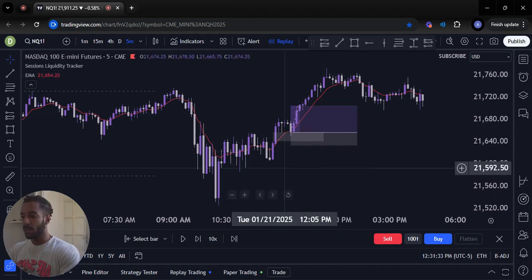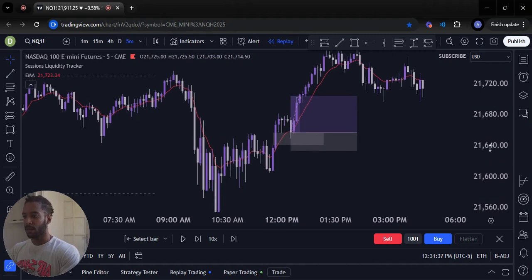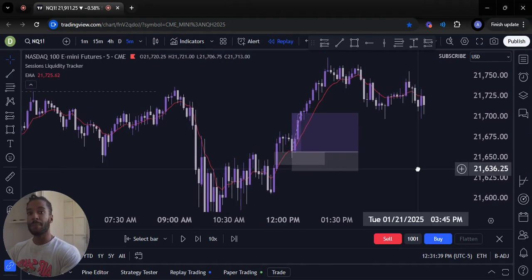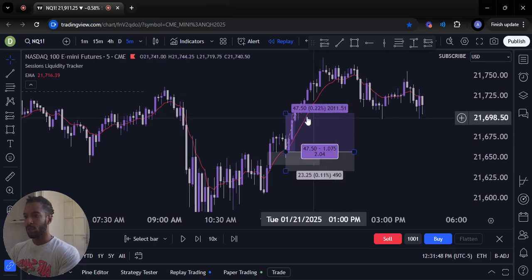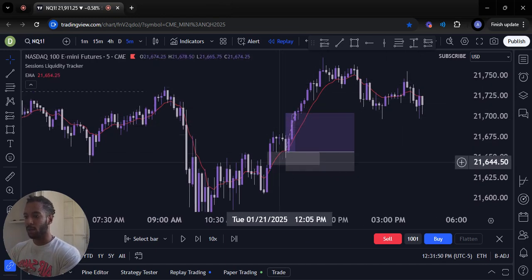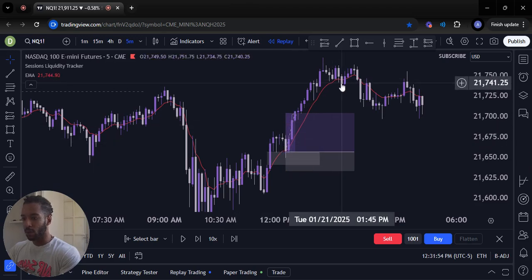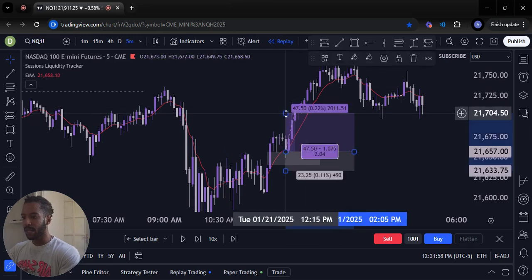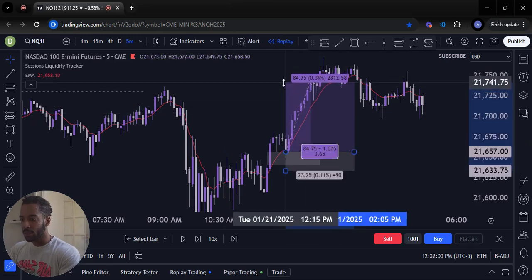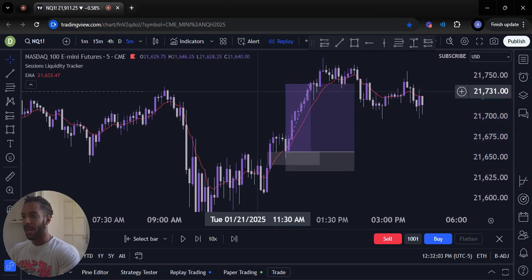So an easy way to do this is to only exit a trade if we have a candle body close underneath the 9EMA, or over the 9EMA, depending on if you're long or short on the instrument. So you can see that we don't get an actual candle body close. If we enter right here on the 12:15 candle, we don't get a candle body close until 1:45 p.m. So instead of taking our 47 points, we essentially double our profits to 83, right?